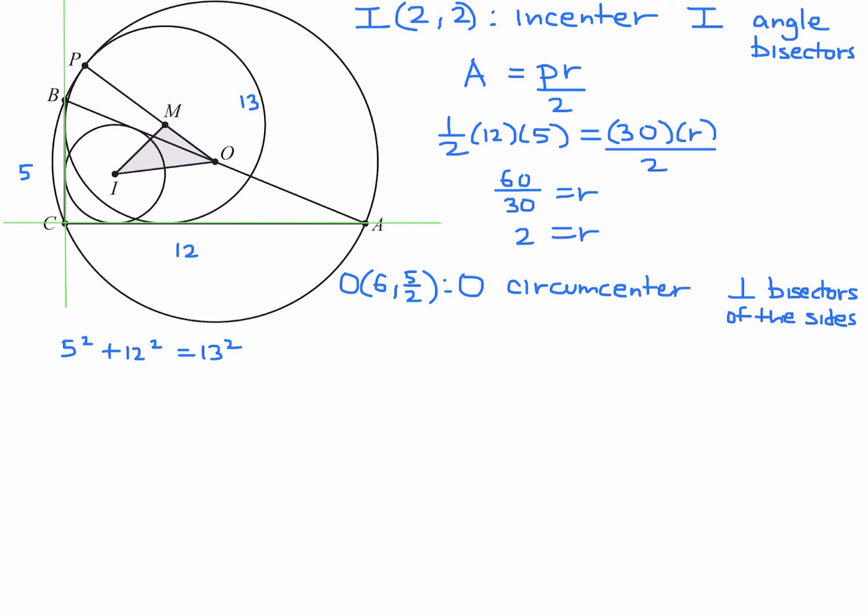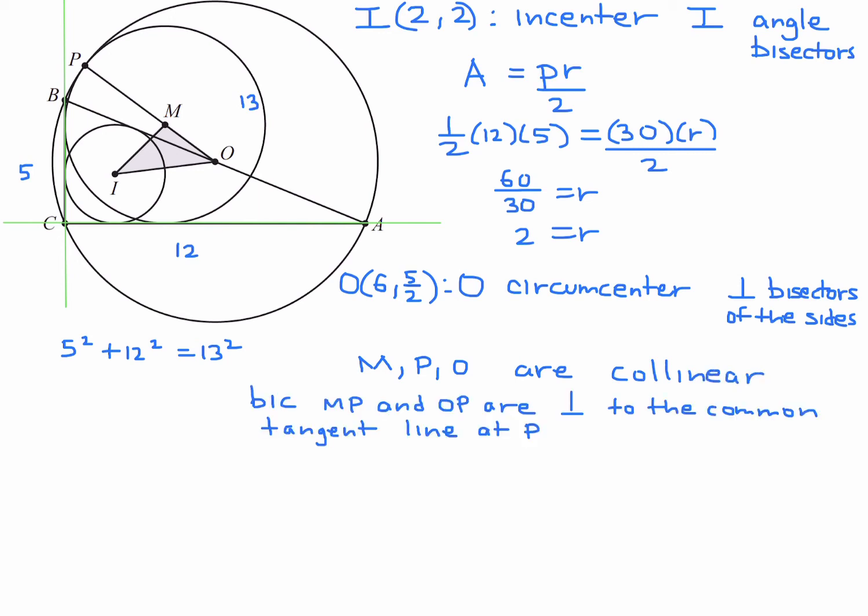And with those facts, you can conclude that M, P, and O are collinear, meaning they fall on the same line. That's because MP and OP are perpendicular to the common tangent line at P. So with that piece of information, we can conclude that MO, that distance, is equal to OP minus MP.